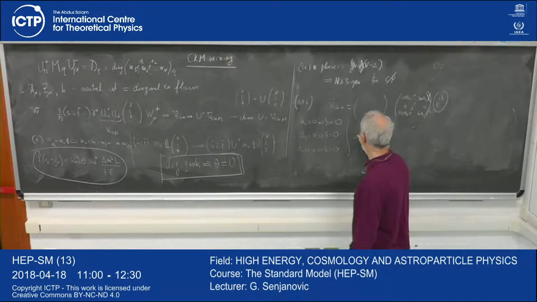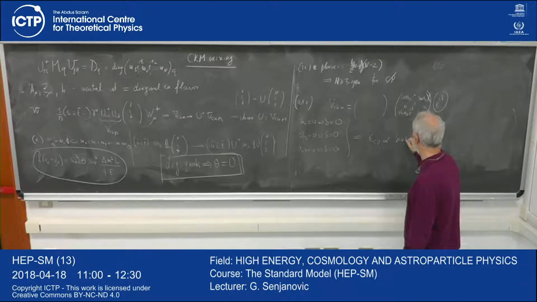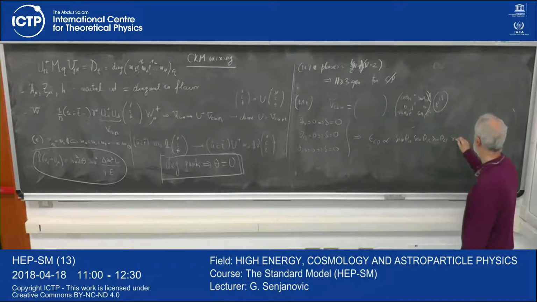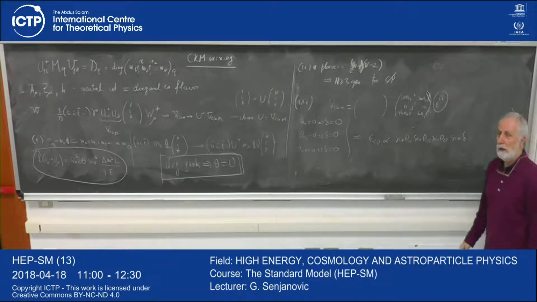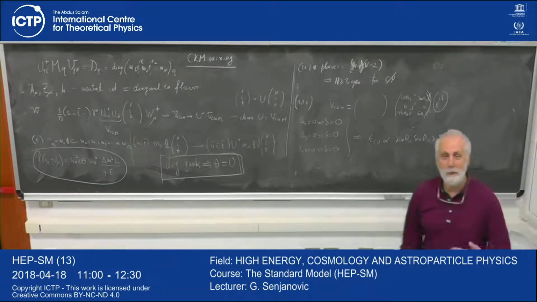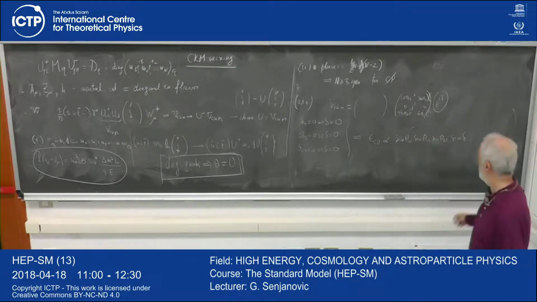Which means that epsilon CP must be proportional to sine theta 1, 2, sine theta 1, 3, sine theta 2, 3, sine delta. And not only does it want to be small, it wants to be too small. It's a nice question to direct. Why?